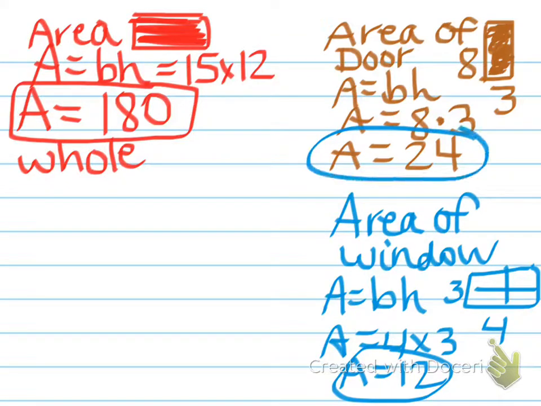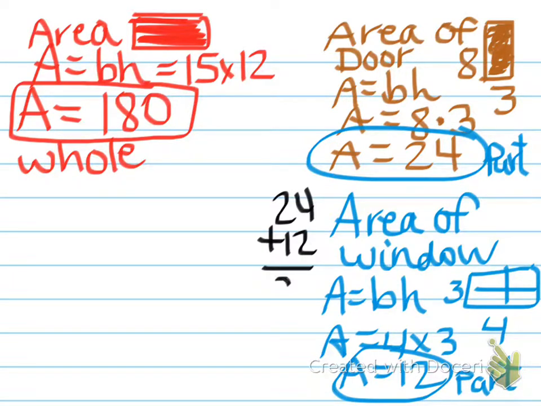Okay, so here is a part, the door, here is a part, the window. So you could say 24 plus 12, changing the color here. The parts, 24 plus 12 equal 36.